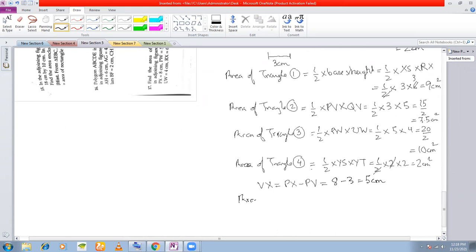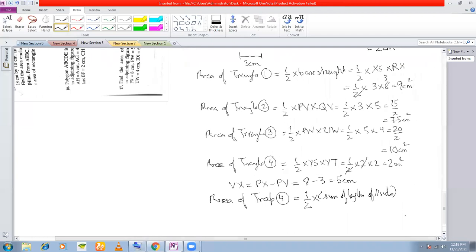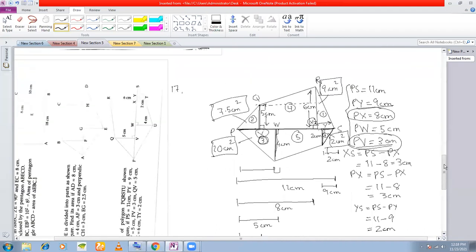So area of trapezium 4 is equal to half into sum of lengths of parallel sides into height. Now let's write which parallel sides we are talking about.